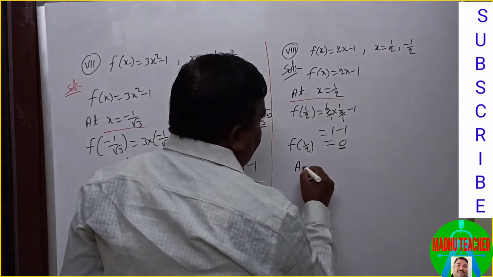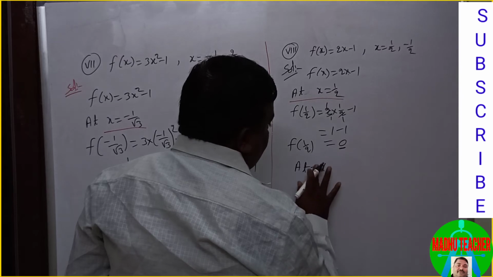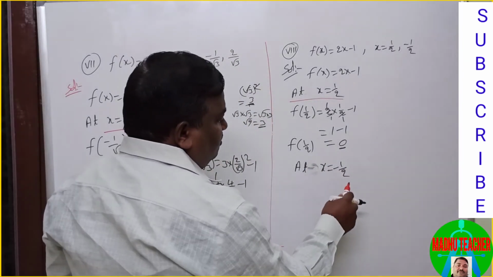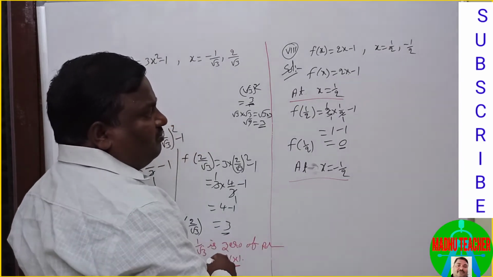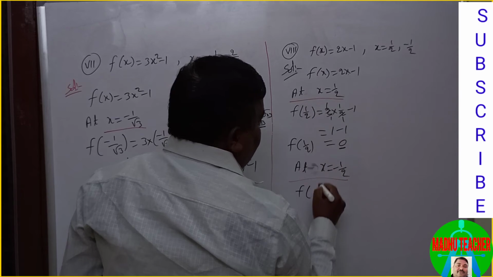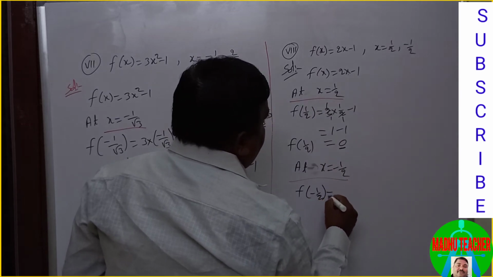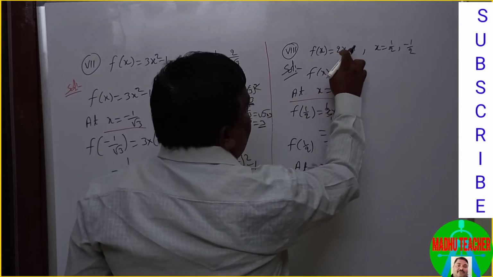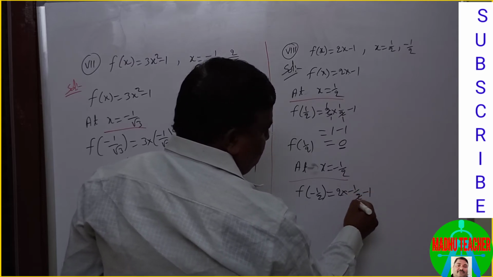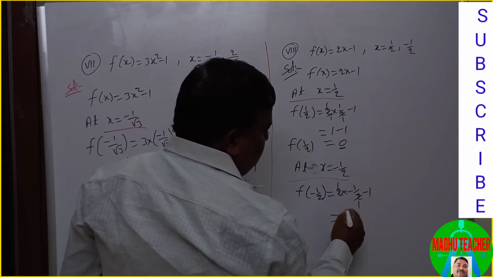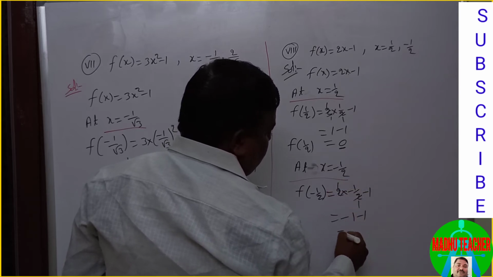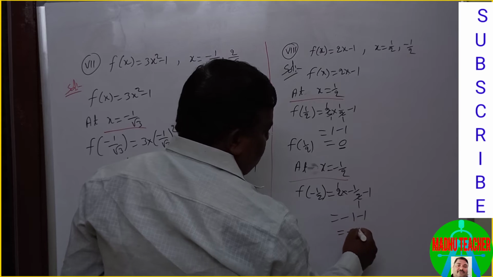Second one is at x equal to minus 1 by 2. In place of x, writing minus 1 by 2, f of minus 1 by 2 equals 2 into minus 1 by 2 minus 1. 2 ones are 2. Plus into minus, minus 1 into 1, 1 minus 1. Both have minus, so minus 2.